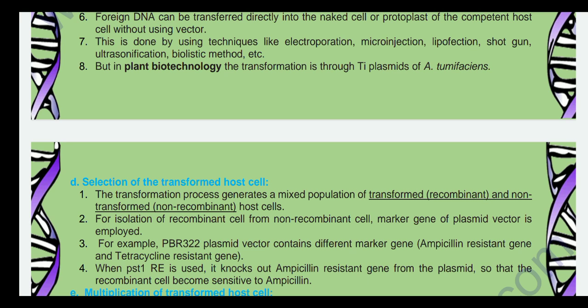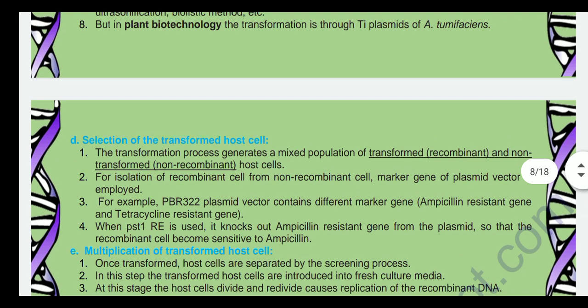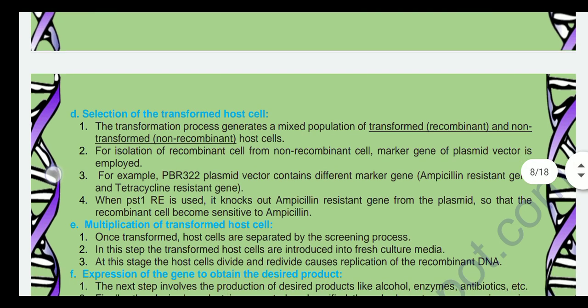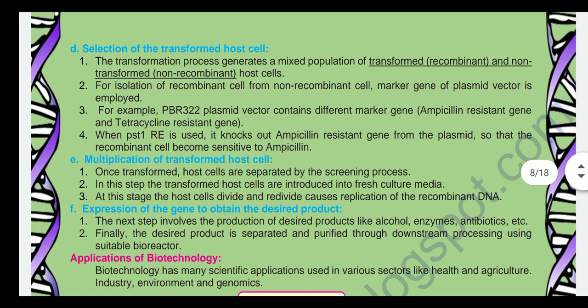These are the methods of introducing DNA into or infecting the plant cell. But in plant biotechnology, the transformation is through the Ti plasmid of Agrobacterium tumefaciens. Agrobacterium is used as the transfer material.